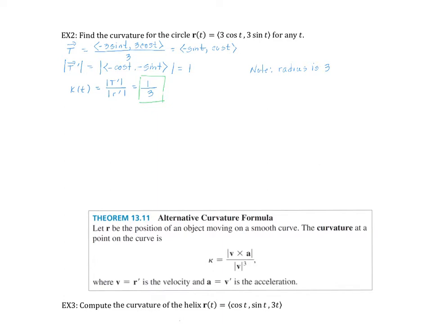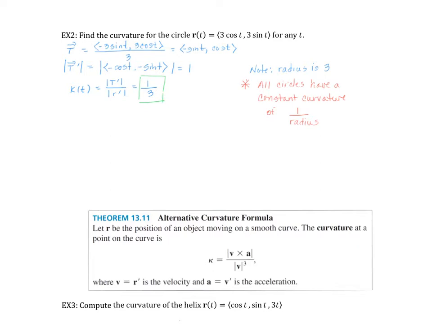So you're free to use this: when you're computing curvature, all circles have a constant curvature of 1 over the radius, which is what we got when we computed our curvature. We got 1 over the radius 3.